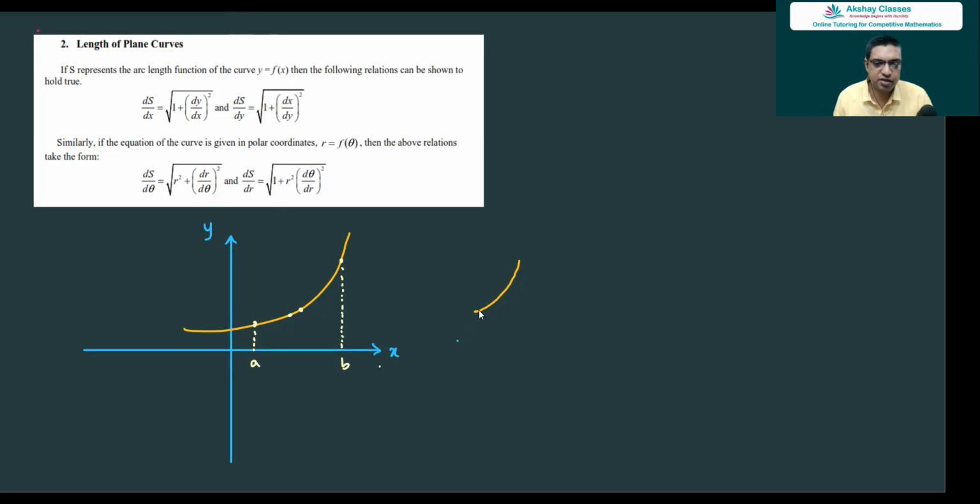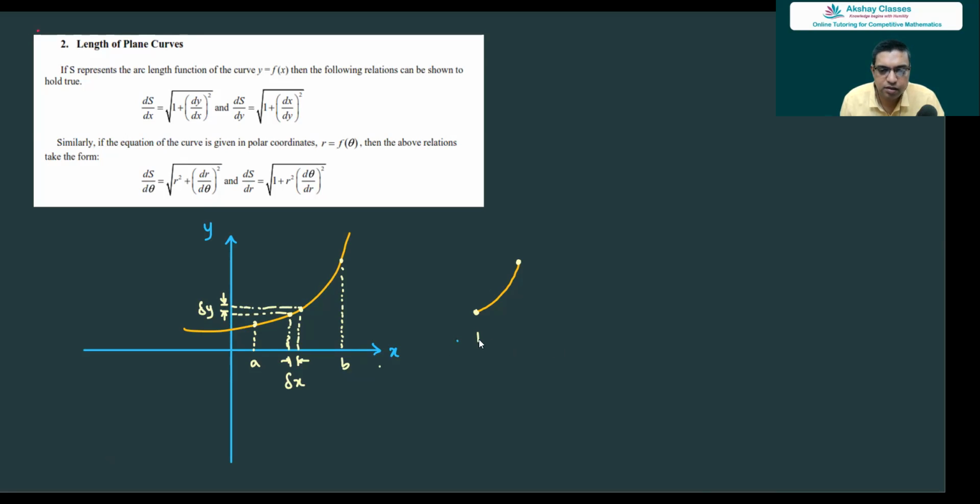Okay, we are enlarging this portion. Now let this length be delta x, and correspondingly this length is delta y.